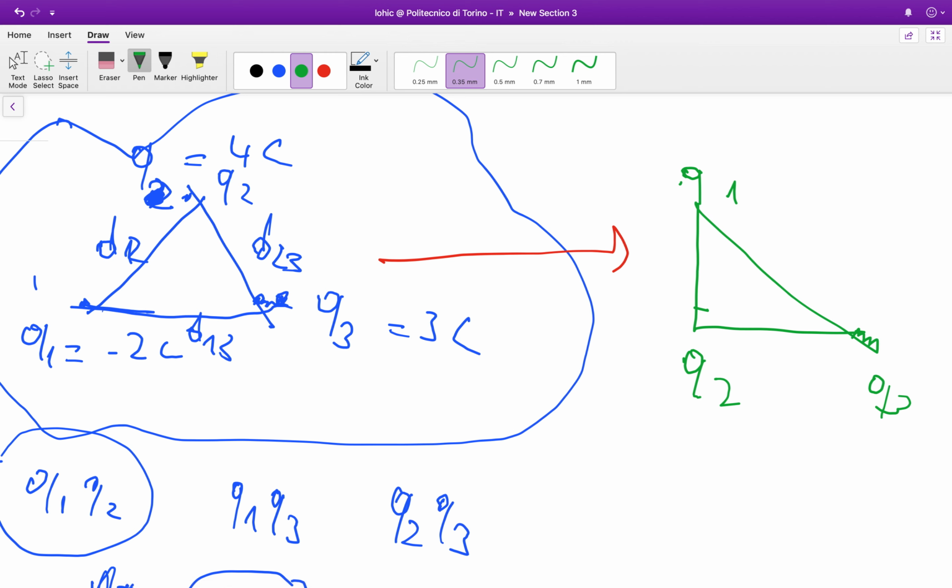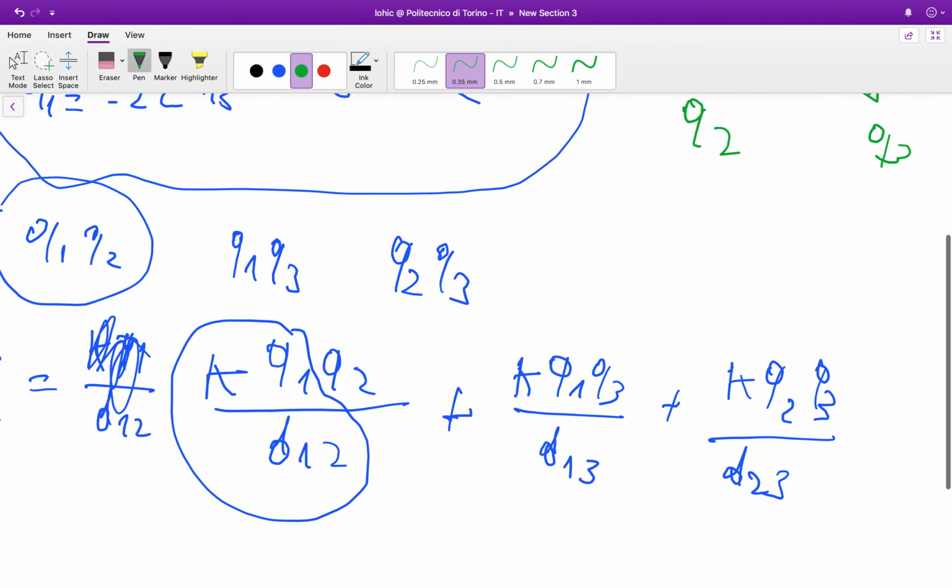If the exercise says compute the work of the electric force, you just need to know that the work of the electric force is the initial potential energy minus the final potential energy, because it's very complicated to go and understand what happened in detail.